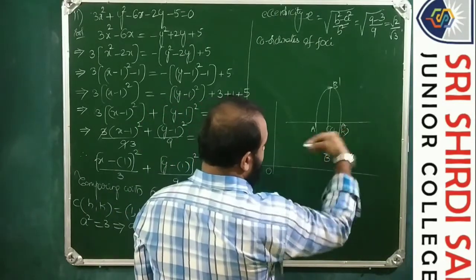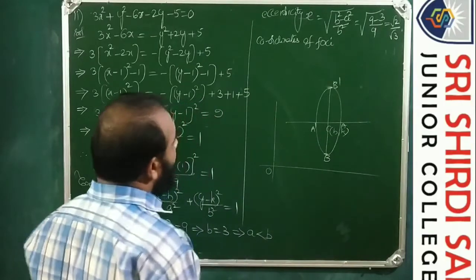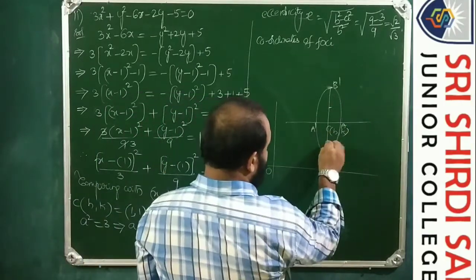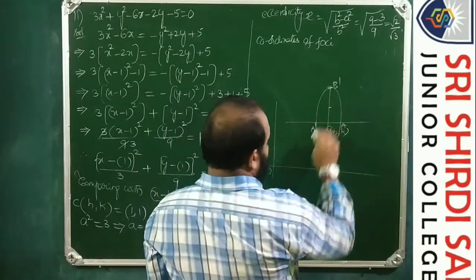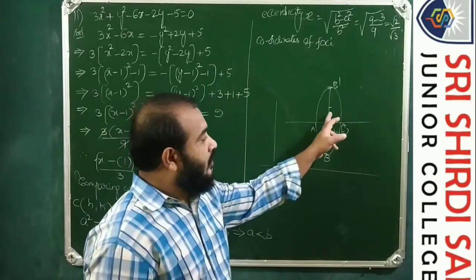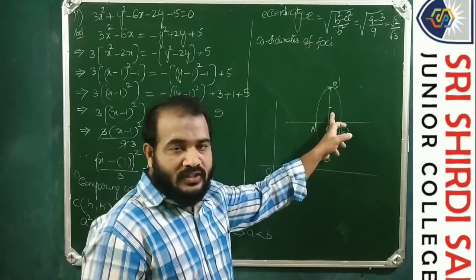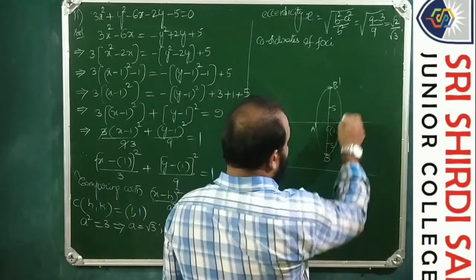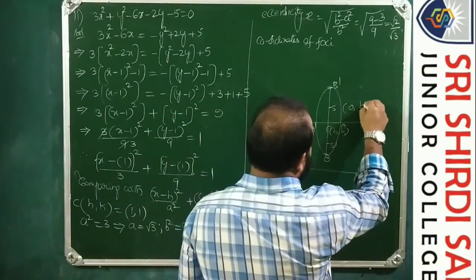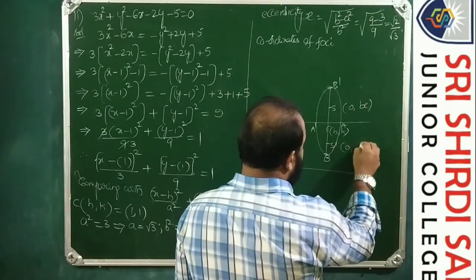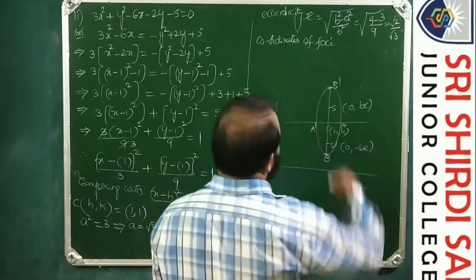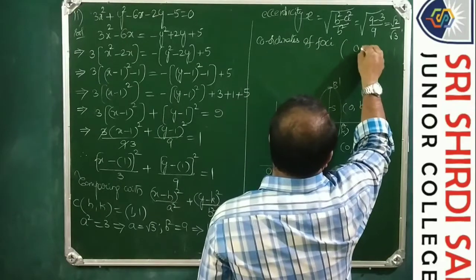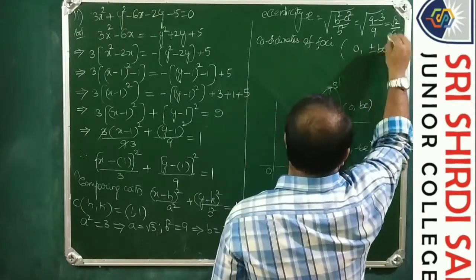Now, if the center is at the origin, the foci S and S dash are 0 comma plus or minus be.